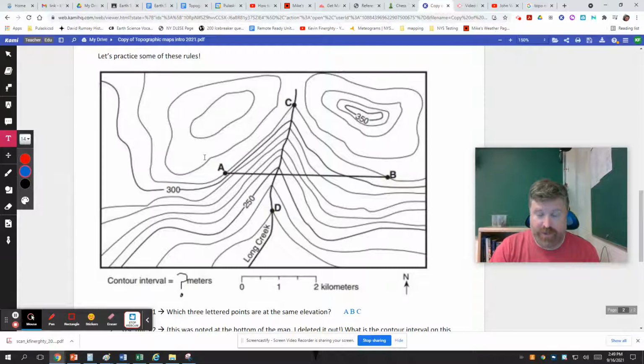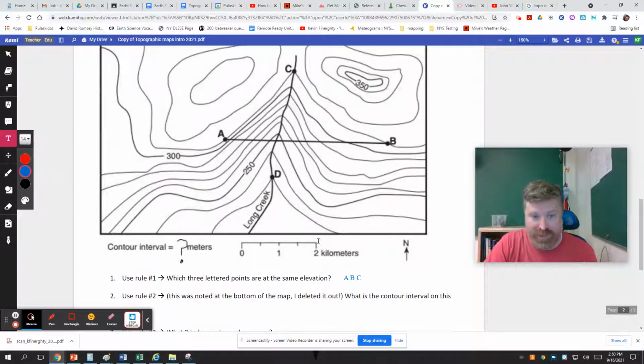People will take the difference and divide by the number of lines. I've always been like a guess and see if it works. Maybe I think they go by 50. So I say, okay, 250, 300, 350, 400, 450, 500. Oh, that didn't work. That must not be the right answer. If you haven't caught on, it's tens on this map: 250, 260, 270, 280, 290, 300.